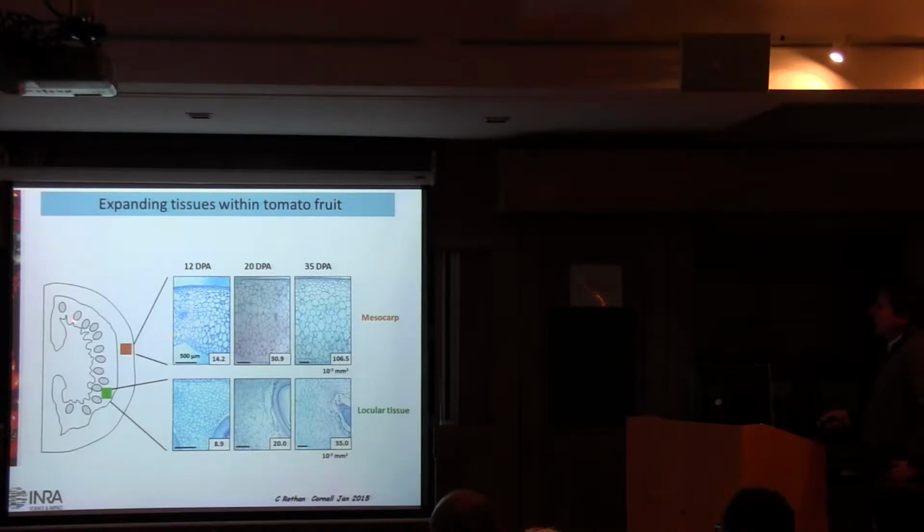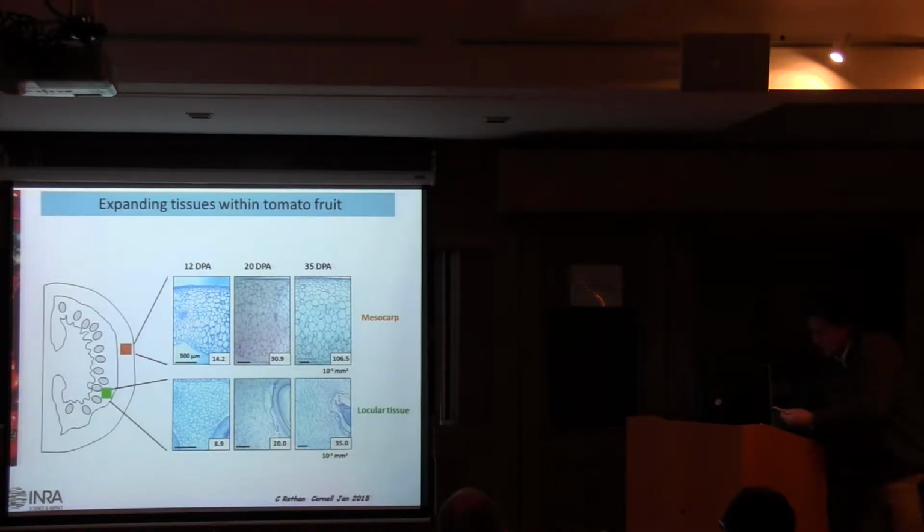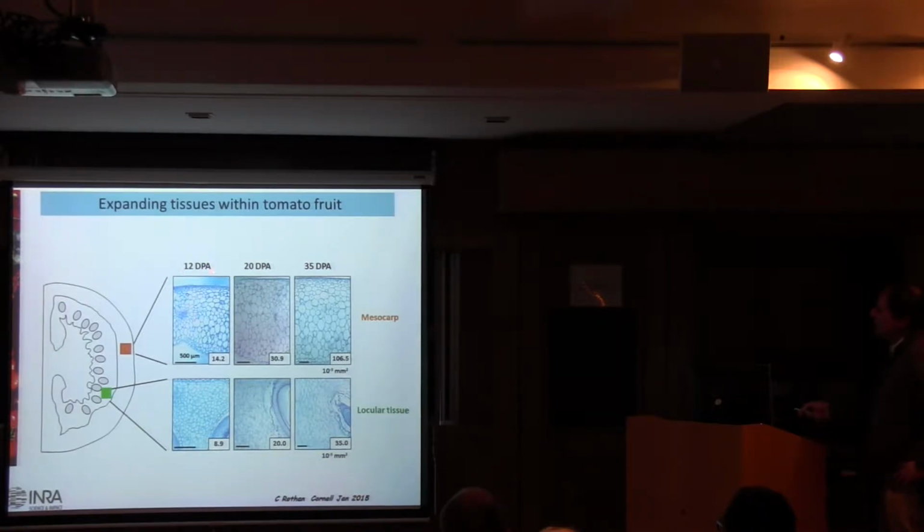So this is the fruit. You have a carpel wall here, pericarp. And within the fruit, we have been interested in two expanding tissues, after cell division to the onset of ripening.